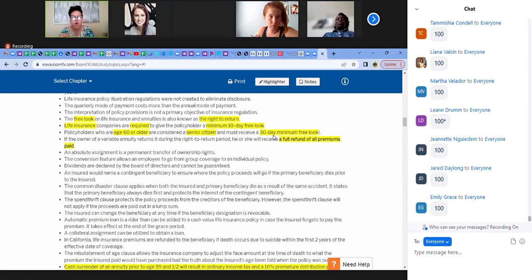Insurance. What if it's an annuity? An annuity is not a monthly payment, it's usually a lump sum of money. If I cancel my annuity, let's say it's $250,000, within my free look period, I get all the money back. If I'm 59 and under, I got 10 days to do it. If I'm 60 and older, I got 30 days to do it.